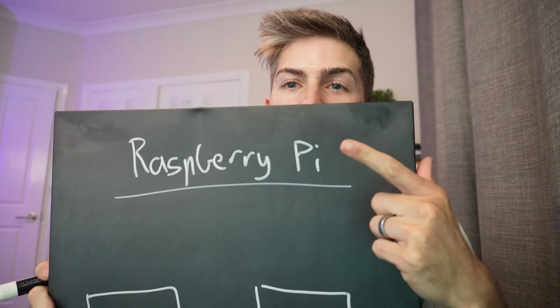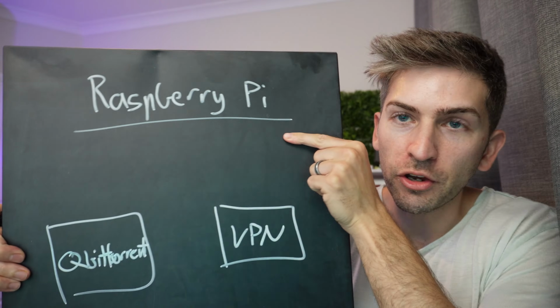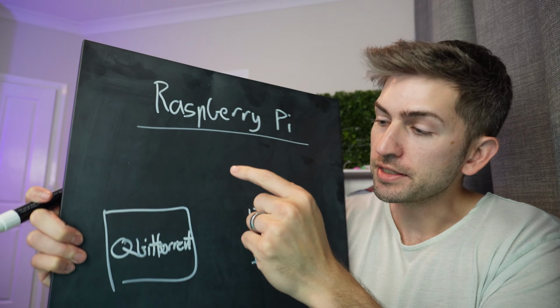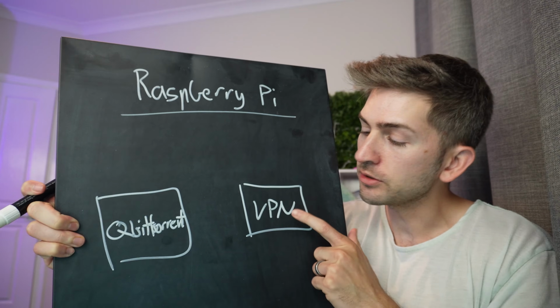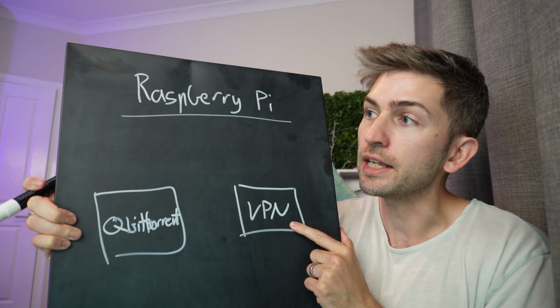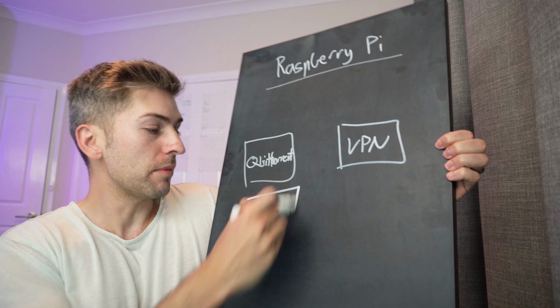So let's draw exactly what we're going to do. We have our Raspberry Pi, and this could be anything, right? It can even be your home PC. It doesn't really matter. But we have QBittorrent running in a Docker container, and we also have a VPN running in a separate container. Now, this is really important because eventually we might add to this.